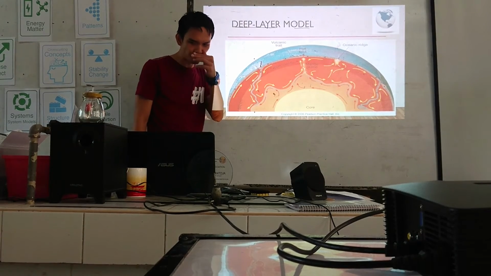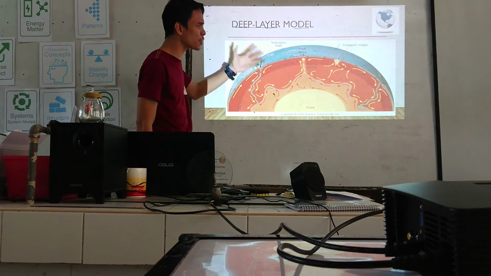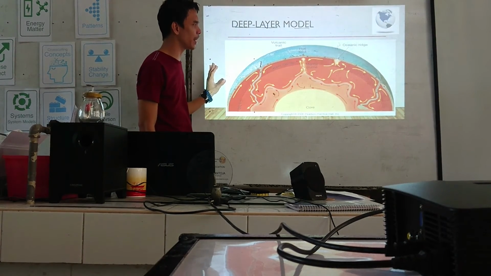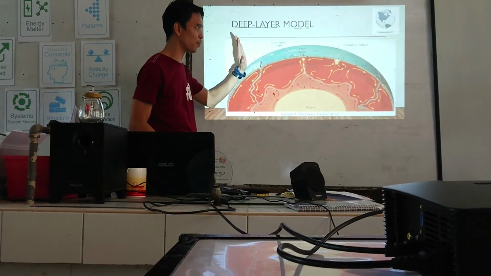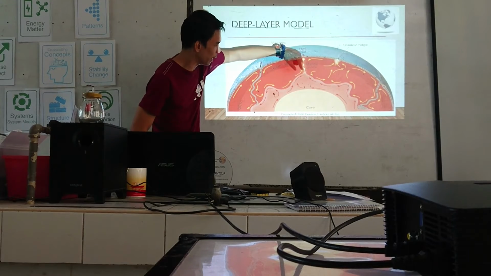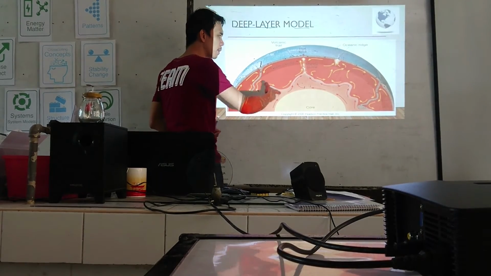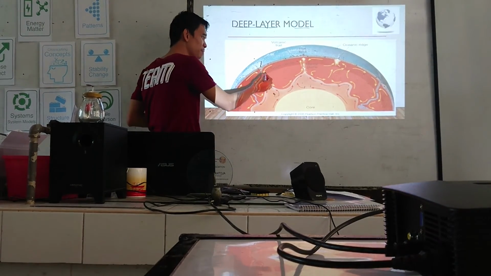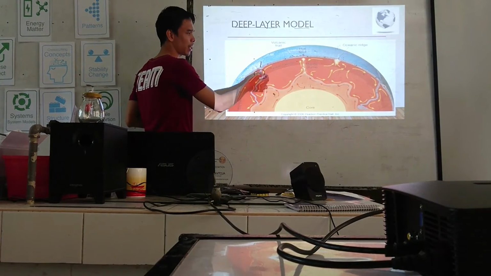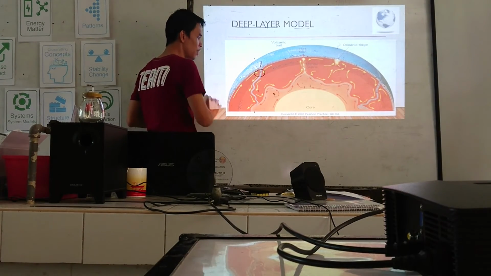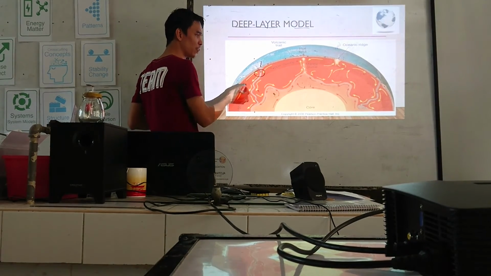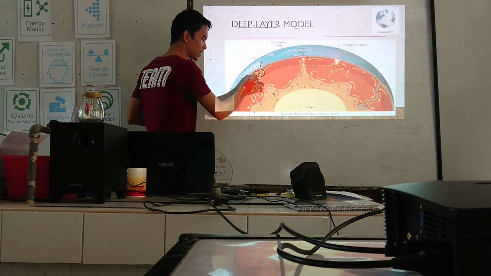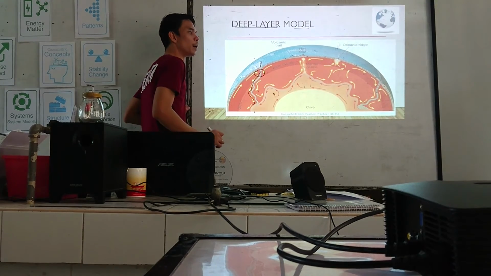Also, this particular model explains how a hotspot volcano is formed, and it enables us to give an idea that the subducted lithosphere goes back again, instead of having it in the upper mantle only, as deep as the lower mantle.